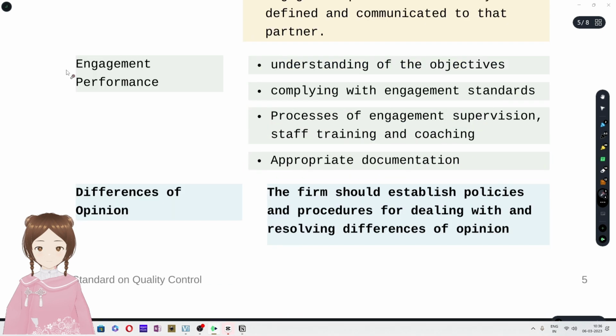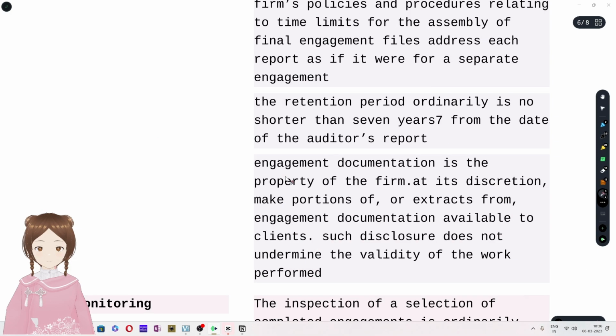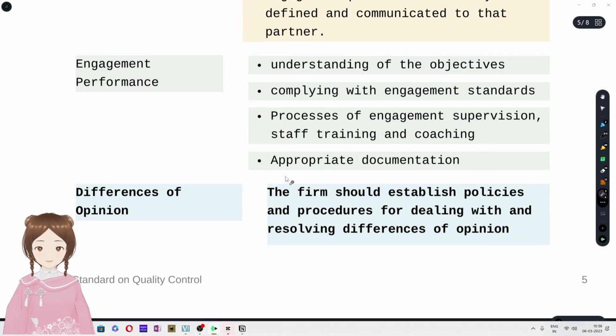And with regard to engagement performance, first you have to know the objective in order to start anything. Even before reading this SQC1, we have also read our objective for SQC1. And our objective for watching this video is to answer any kind of question we get from SQC1 in our audit examination May 2023. So that's the objective.